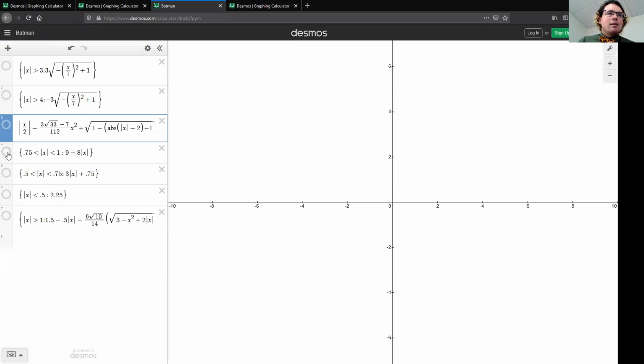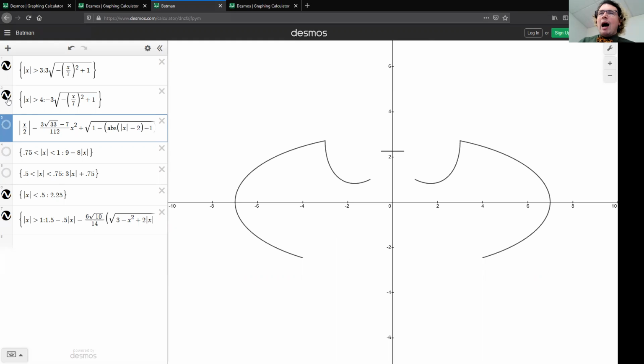Now, even though each of these pieces is itself the graph of a function, this requires me to be able to break down the shape that I want into pieces which are functions, or at least the graph of a function.